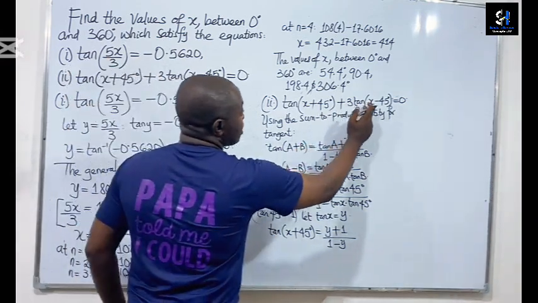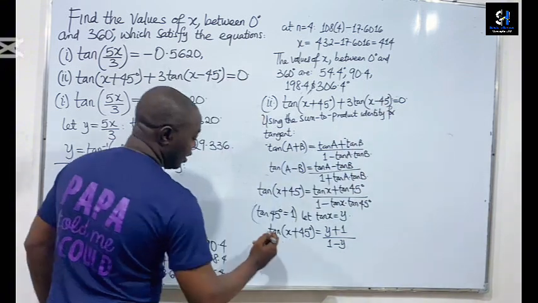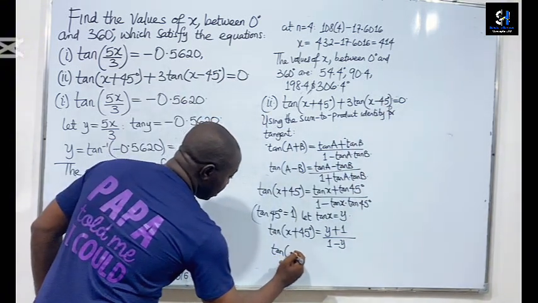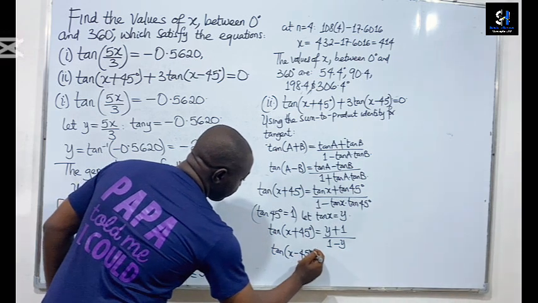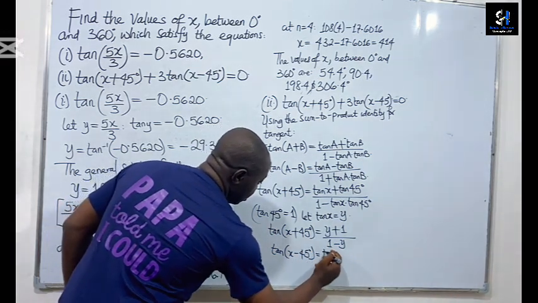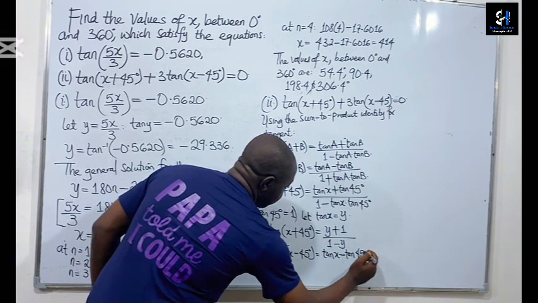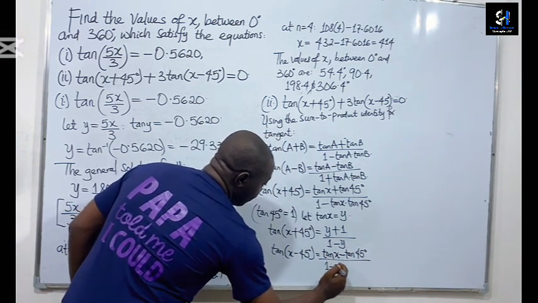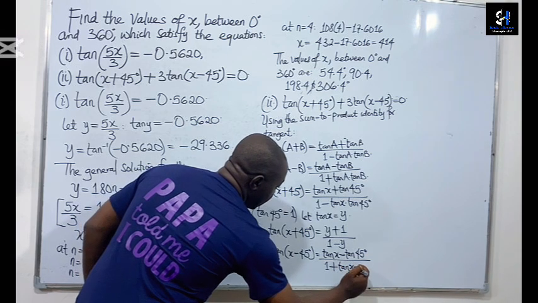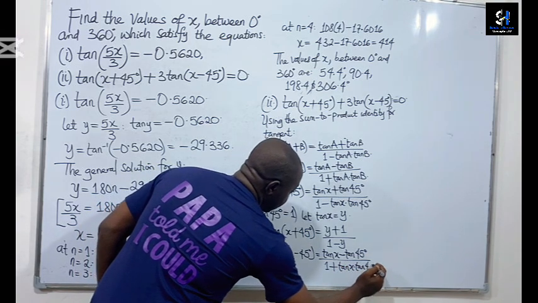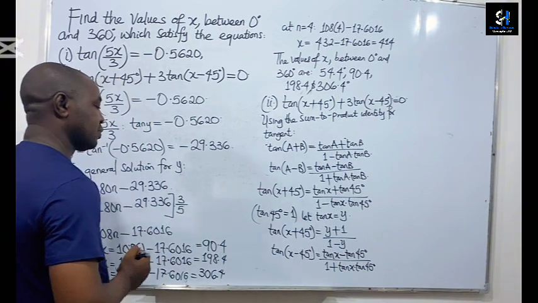Then for tan(x - 45 degrees), this will be (tan x - tan 45 degrees) over 1 plus tan x multiplied by tan 45 degrees.